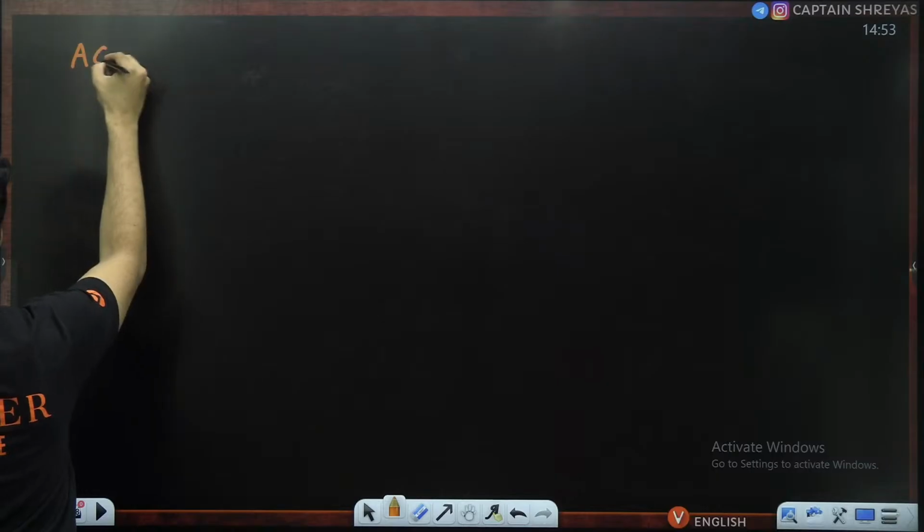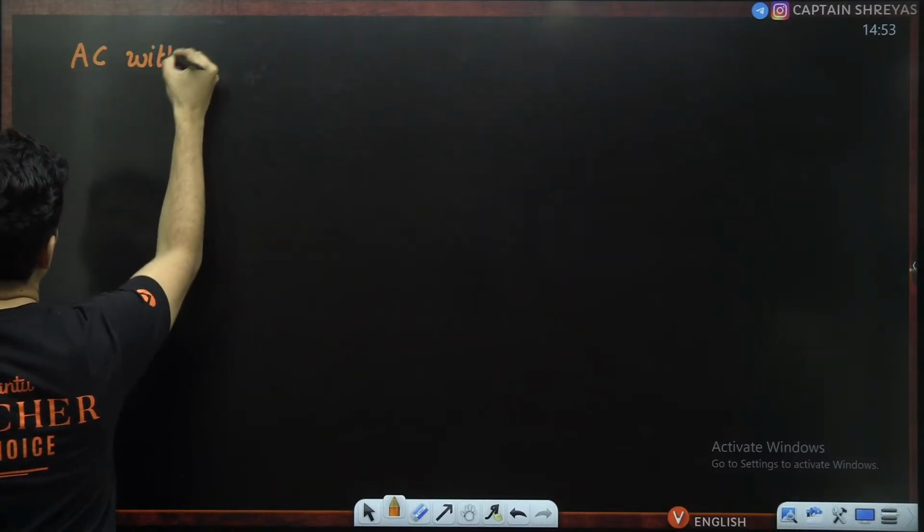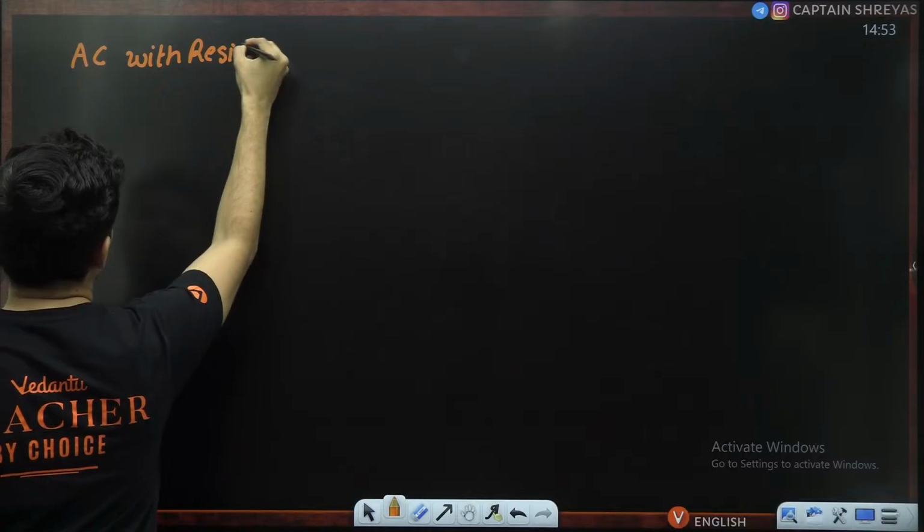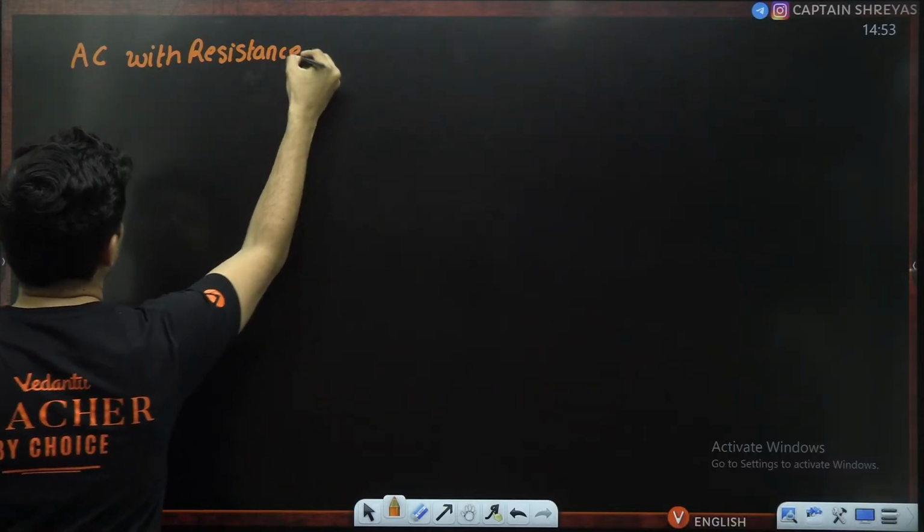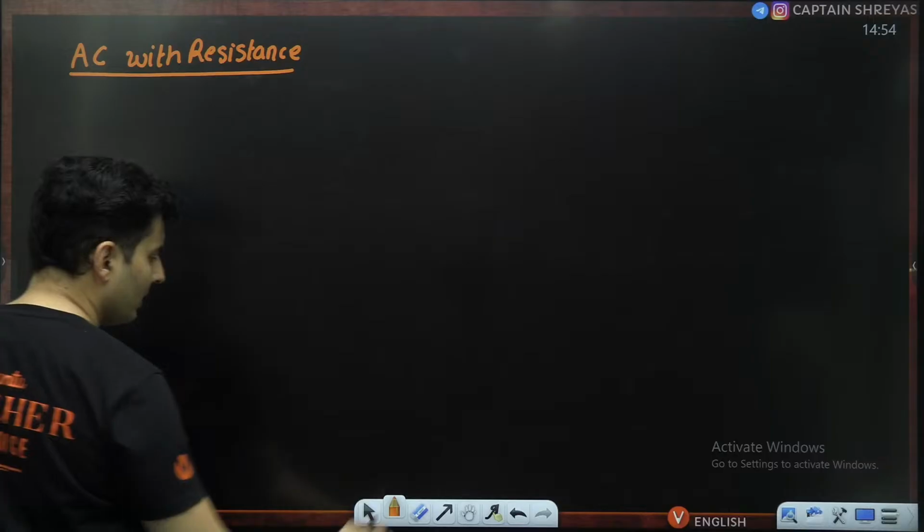So let's take an alternating circuit with basically resistance and see how it exactly behaves.